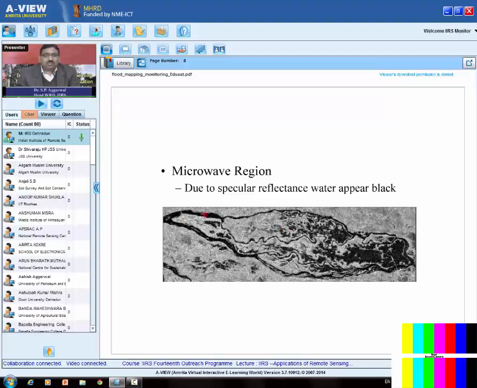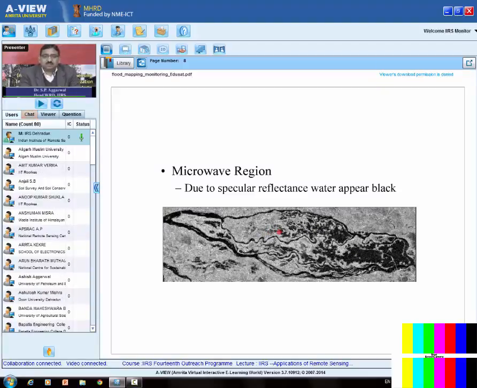Of course, how to separate out this river area from the flooded area? If you have a satellite imagery, it may be optical also, before flood, then you can digitize all this river, permanent water body and river area, and then finally you can detect from this entire image the black area, then you will get only the flooded area.